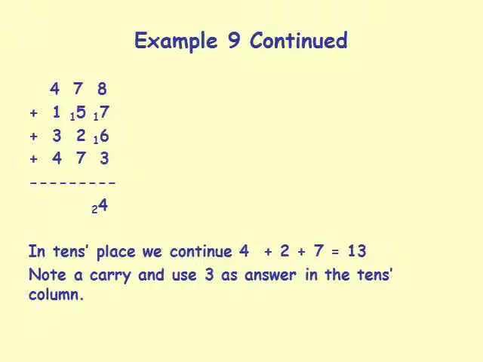So we got 2 digits here. We're going to continue with 3. We note the carry and use 3 as the answer. We have finished this column of tens. So 3 is the answer and 1 is another carry we just discovered.